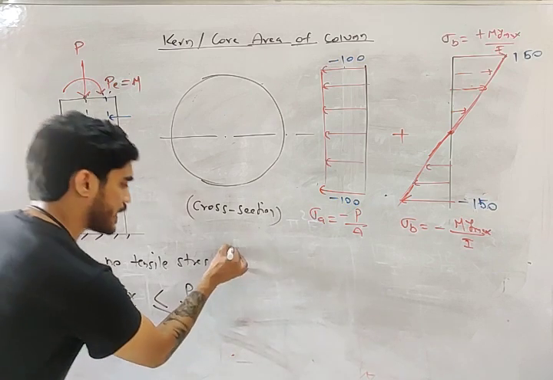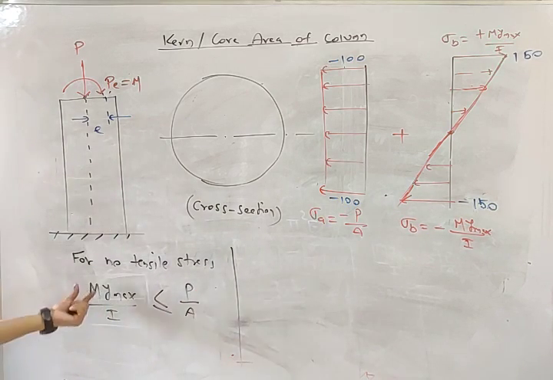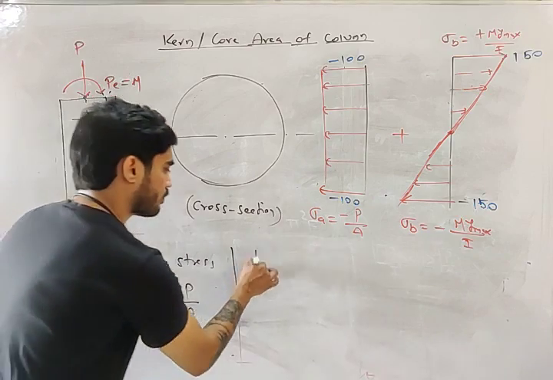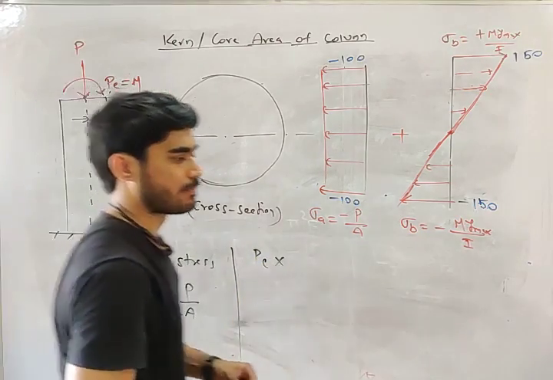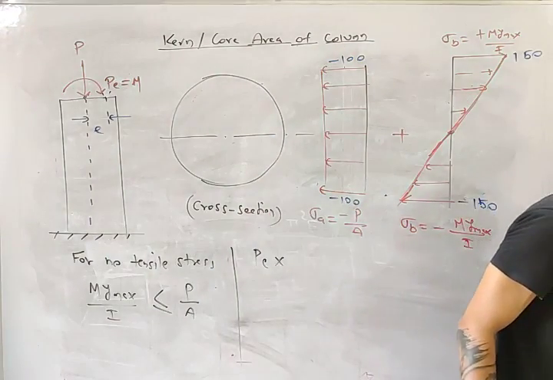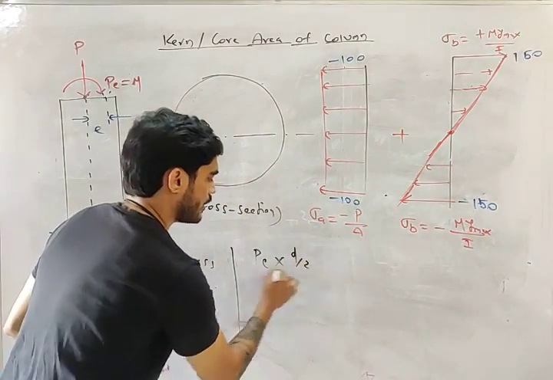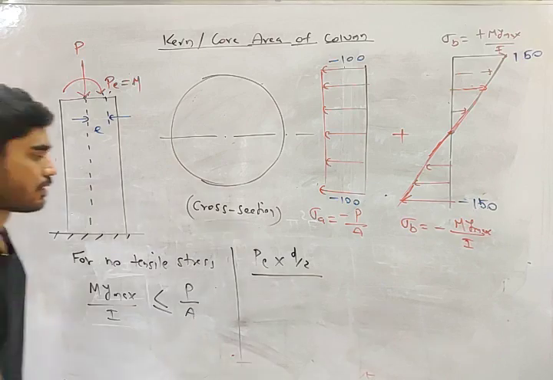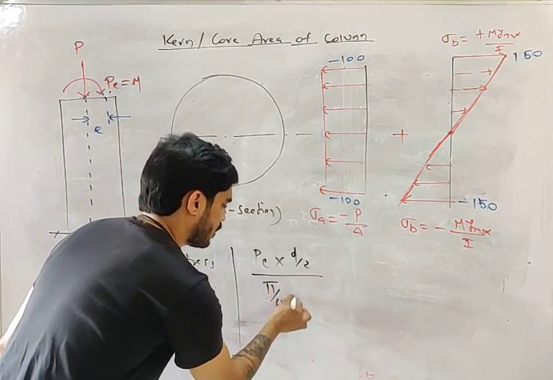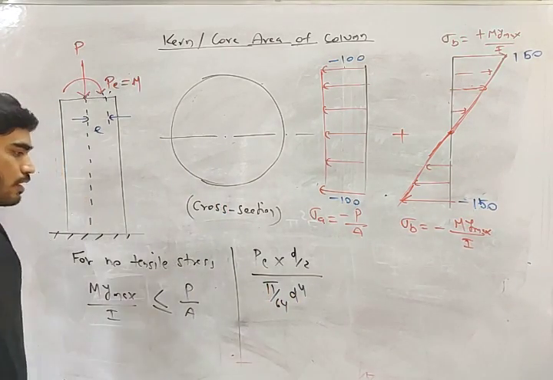Now put the values in this equation. What is M? P into E. What will be Y maximum, my friend? D by 2, for circle. What will be I? Pi by 64, D to the power 4.